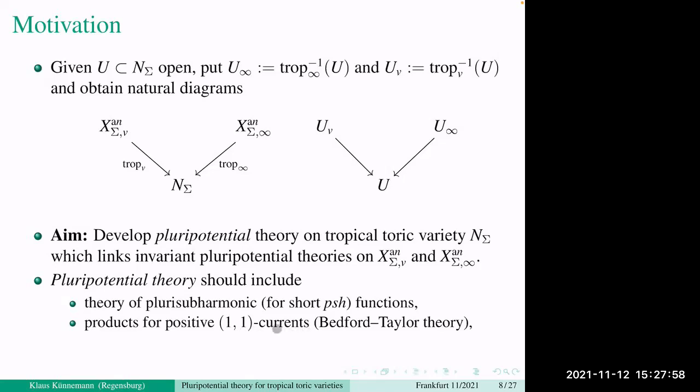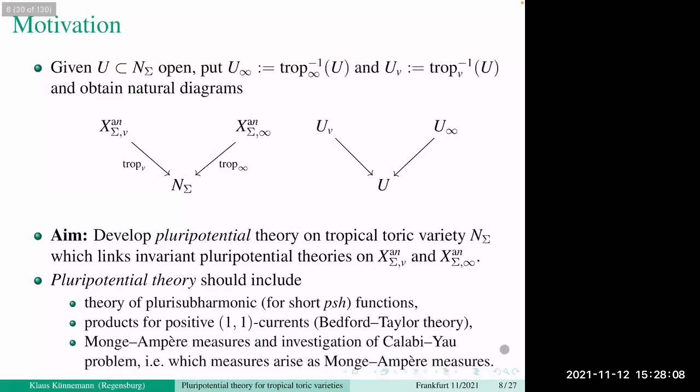Observe that in general you cannot multiply currents, but positive (1,1)-currents can be multiplied, at least for complex manifolds, where this was introduced by Bedford-Taylor. And then we also want to introduce Monge-Ampère measures, and we want to investigate the Calabi-Yau problem, which can be very roughly stated as: which measures arise as Monge-Ampère measures?